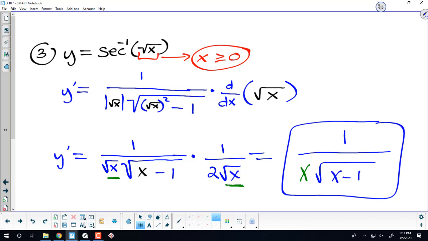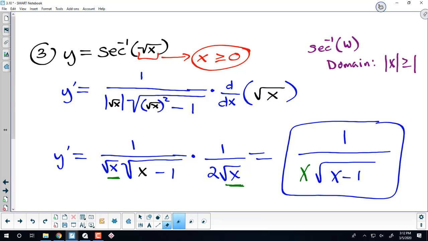Just be careful, because what we've written here as x larger than or equal to 0 is not the domain in this case for the inverse secant. That's just the domain for the square root of x. The inverse secant function had a domain. So the inverse secant of something, we'll just call it w. The domain is that input w had to have an absolute value larger than or equal to 1.